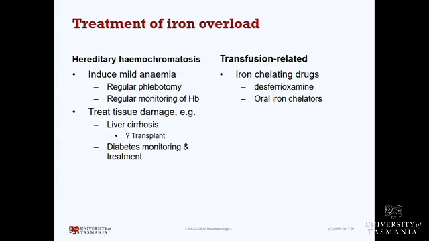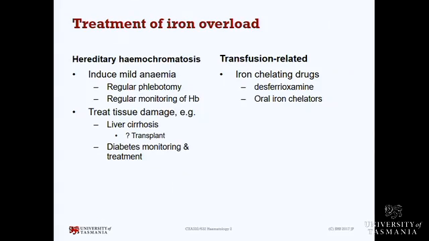So why do you think we're trying to induce a mild anemia? What effect would that have on the iron within the body? So it's the using up more iron bit, because what is the issue in hemochromatosis? It's all that stored iron.